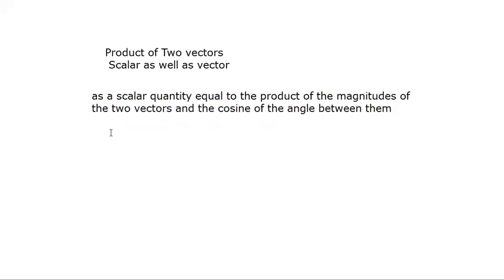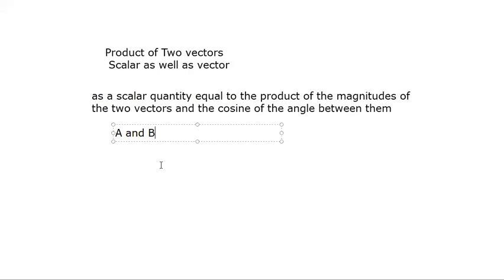So suppose there are two vectors A and B. Now these capital ones I am writing as vectors. The vectors are represented by capital letters and their magnitudes will be represented by small letters.